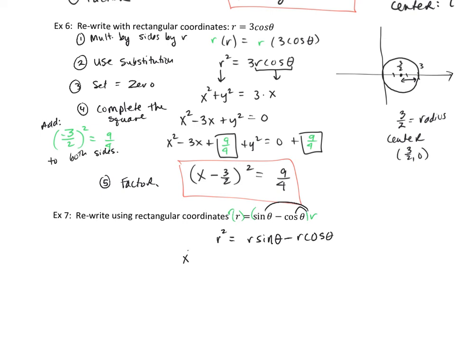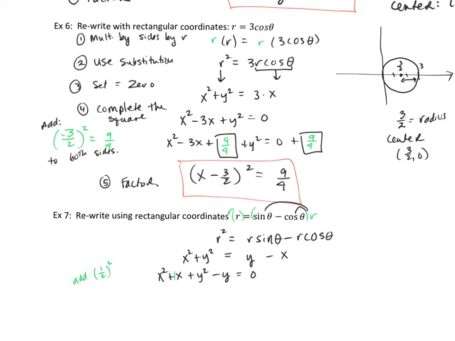Now, using substitution, I'd get x squared plus y squared, subbing in for r squared. r sine theta, that's y. r cosine theta, that's x. We're going to set it equal to 0, add x to both sides, subtract y from both sides, and now we're ready to complete the square.